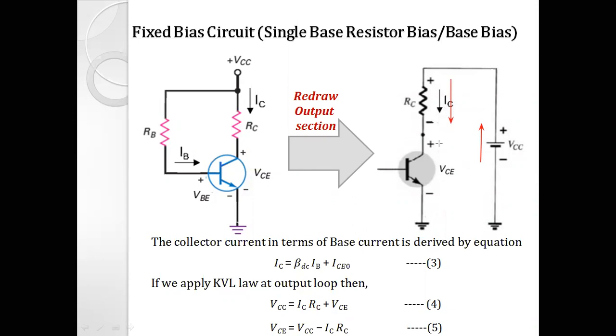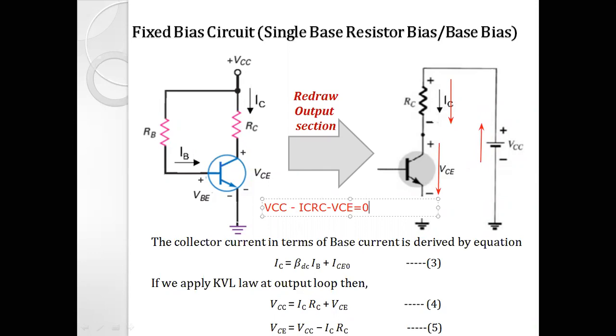And going from the positive terminal to the negative terminal across the transistor, this drop VCE would also be negative. So this KVL gives us the equation VCC minus ICRC minus VCE is equal to 0, right?